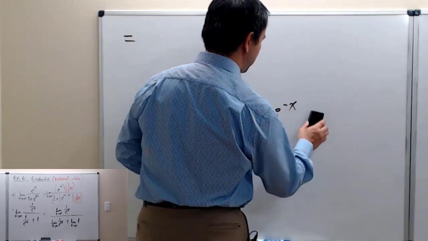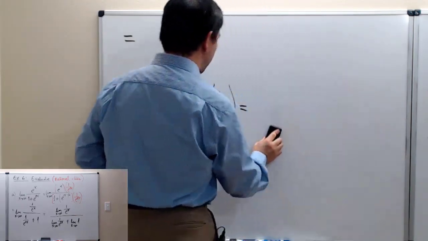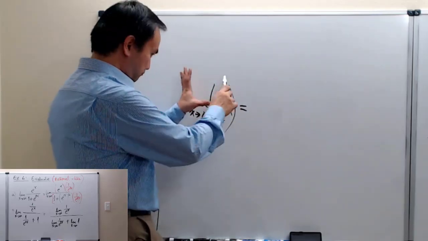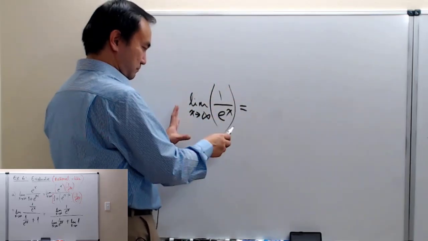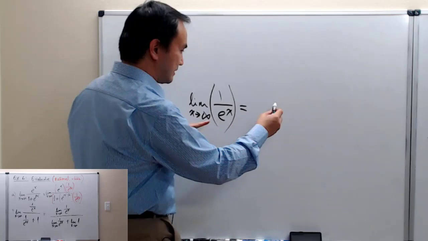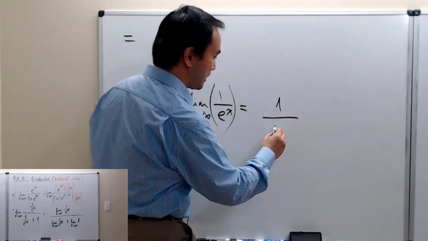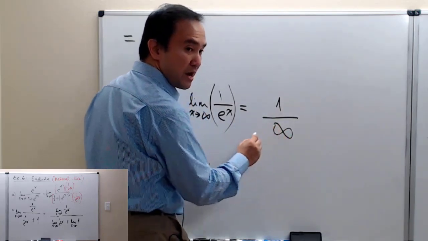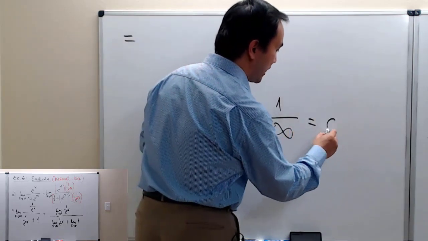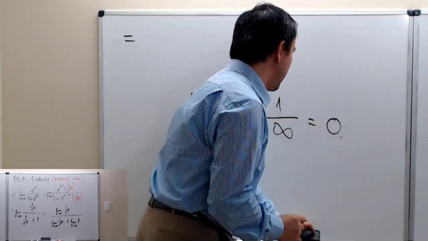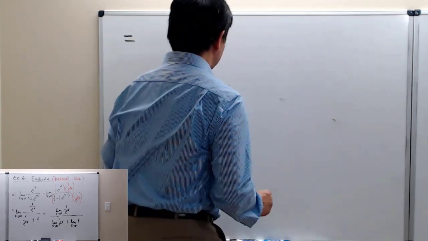Or a better way of understanding this is, observing this entire expression, we have a constant that's divided by something that's growing big and growing big and growing big. So the overall answer there has to be 0. And so now we are ready for making that final conclusion.